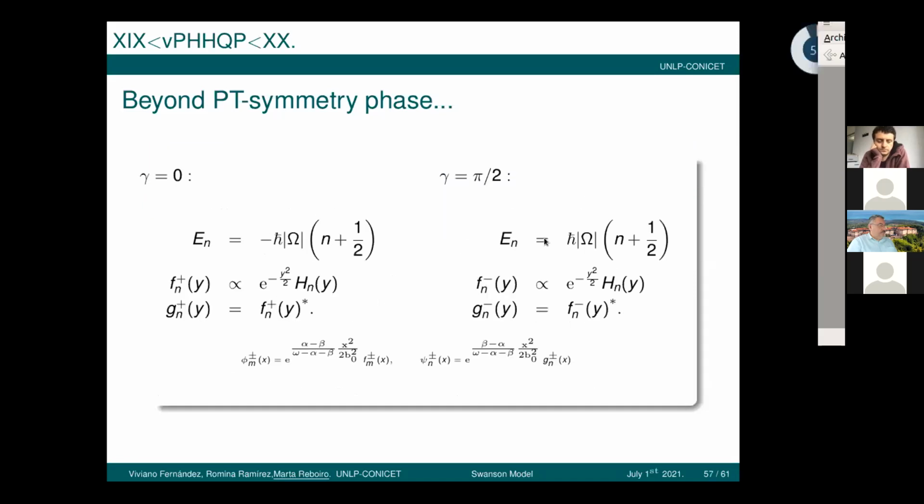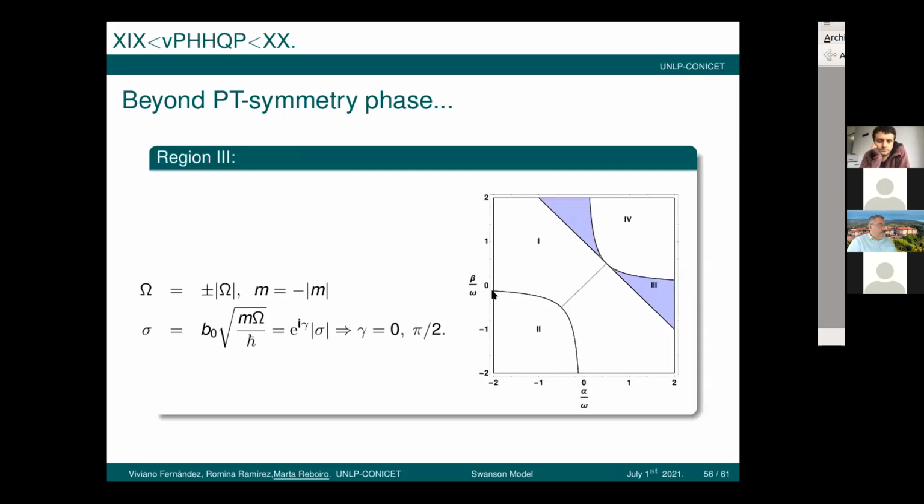From what we have learned until now, we think that perhaps in this region, in this border and in this border, we have exceptional points. We have not proved it. We guess that in this region we can have exceptional points, also in this border.